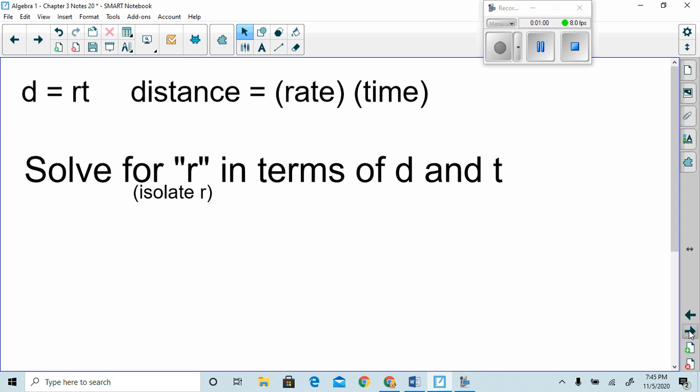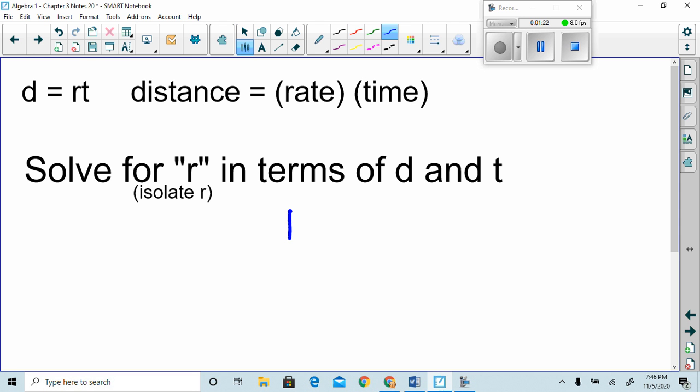Well, in this first problem, I'm asking you now to think about what if you know the distance and you know how long you have to get there, and you had to find out how fast you need to go. So you're looking for the rate. In order to isolate the rate, I have to use one inverse operation. What will I do here?